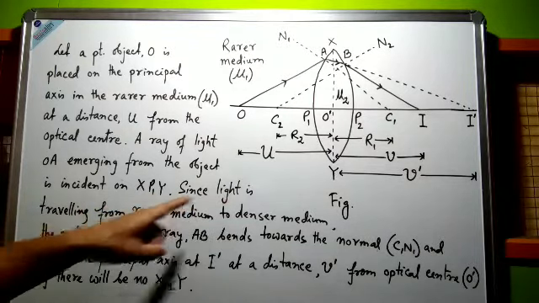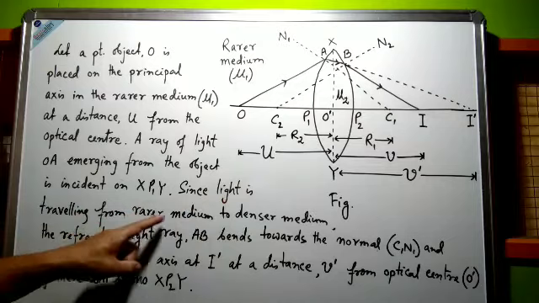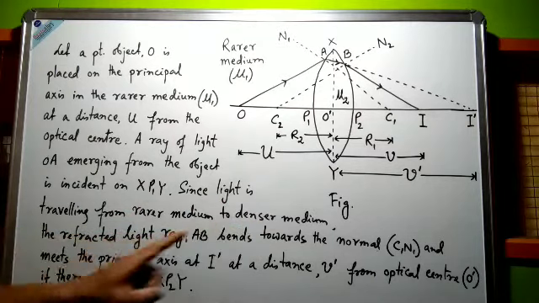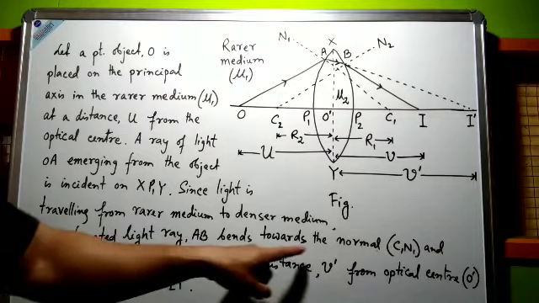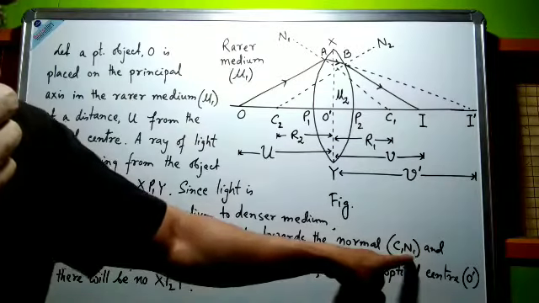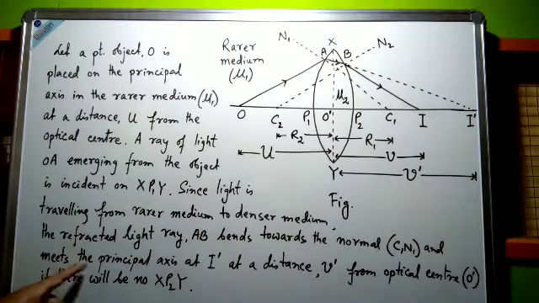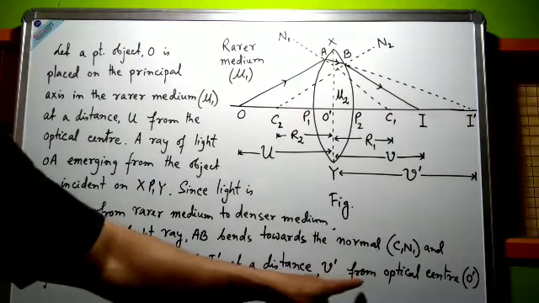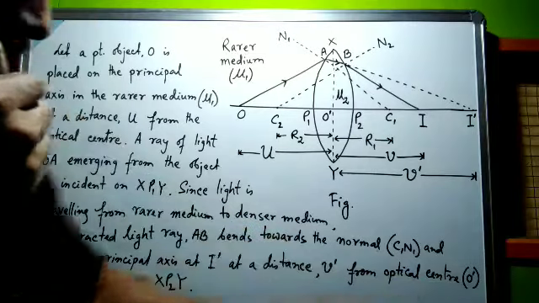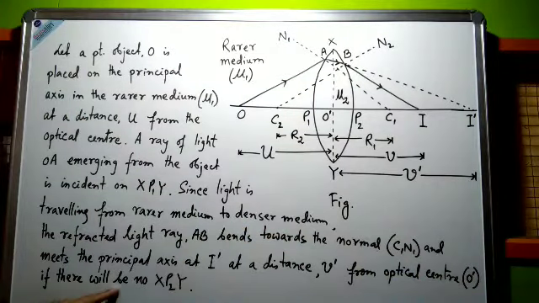Since light is traveling from rarer medium to denser medium, the refracted light ray AB bends towards the normal C1N1 and meets the principal axis at I dash, at a distance v dash from optical center O dash, if there were no XP2Y, that is, the second spherical refracting surface.